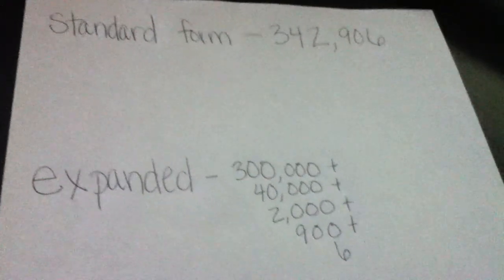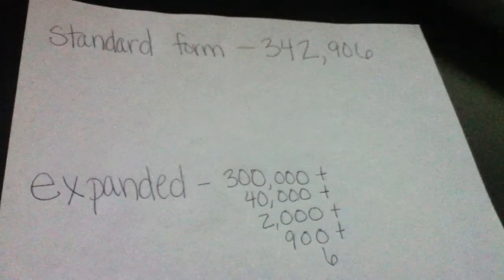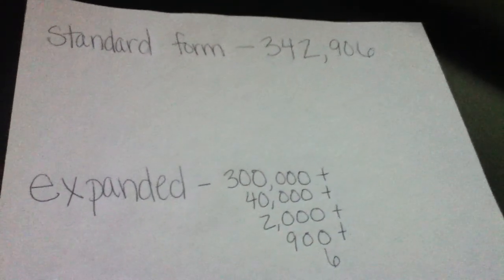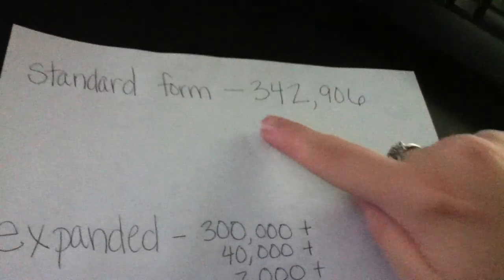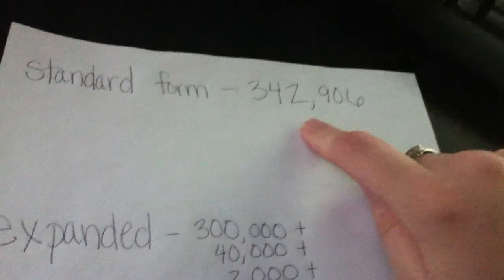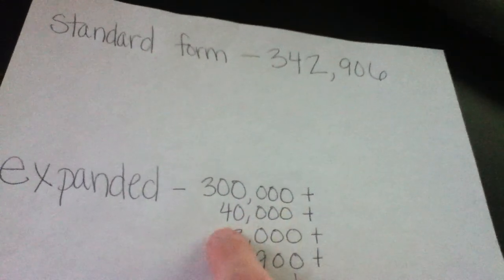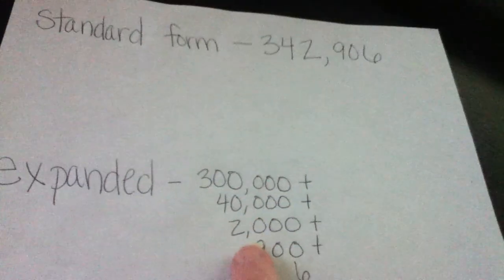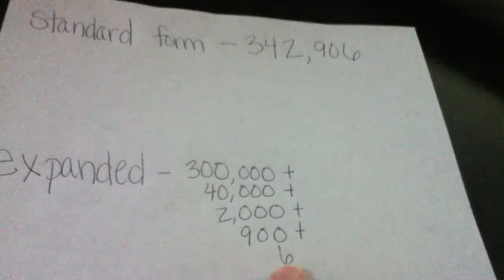And it's taking that number and talking about the value of each number and how each one adds up to create the whole number. For example, in 342,906, we have 300,000 plus 40,000 plus 2,000 plus 900 plus 6.